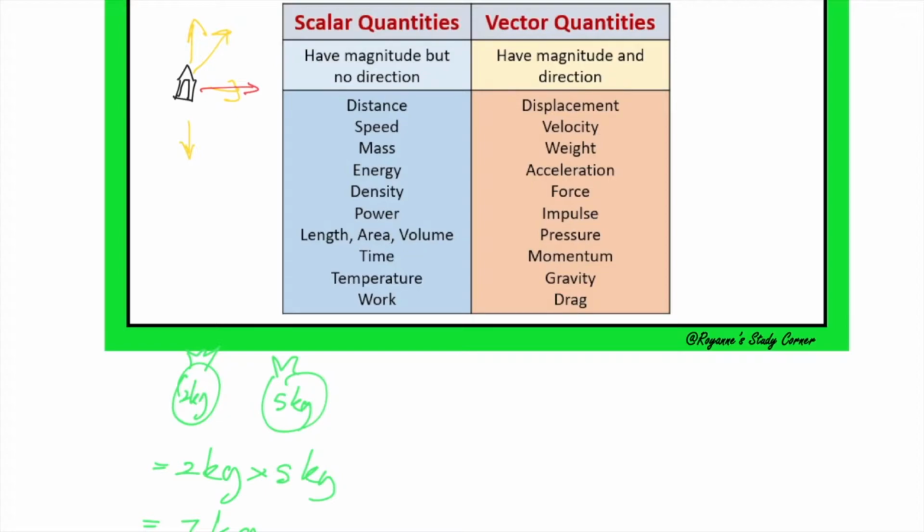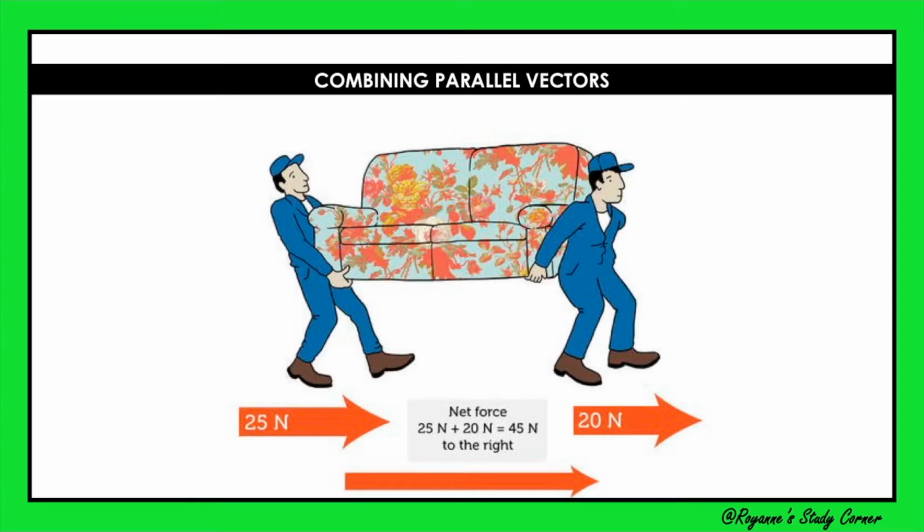But with vectors, direction comes into play. So let's look now at how we combine vectors. Our first example here is how do we combine parallel vectors.